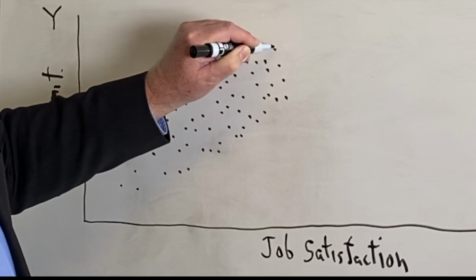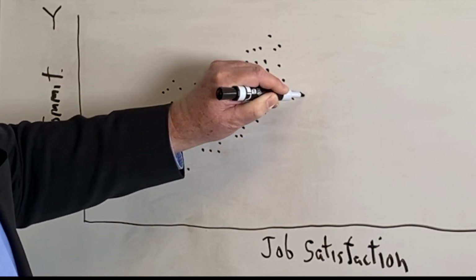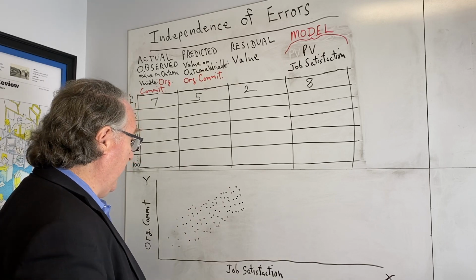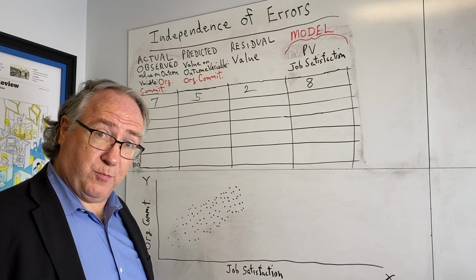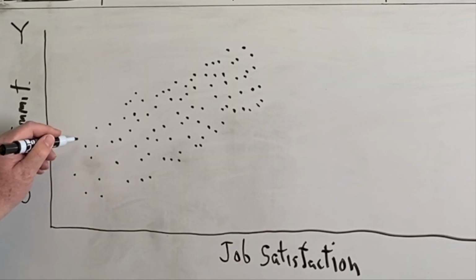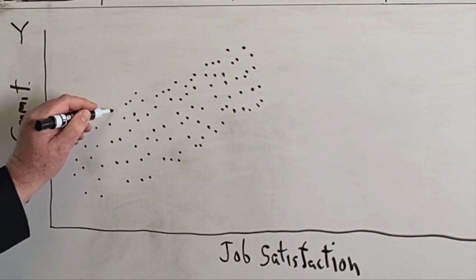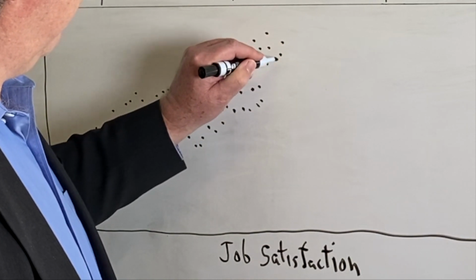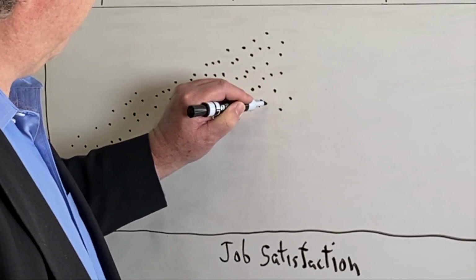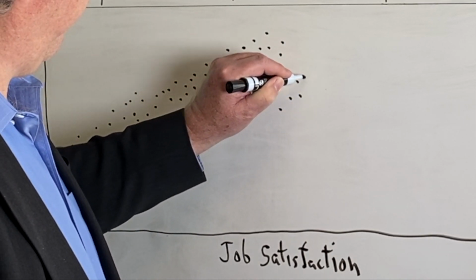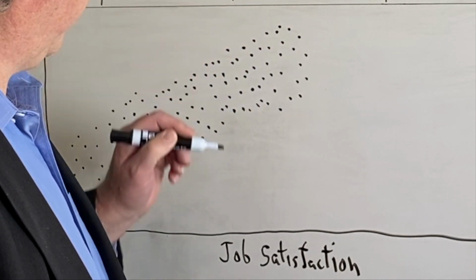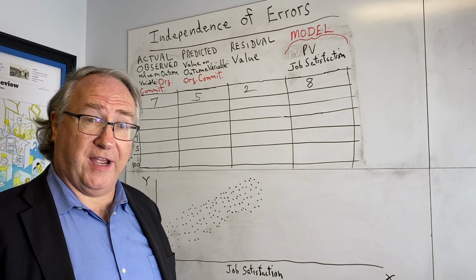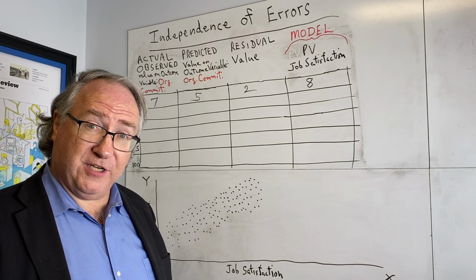Each one of these dots is an actual observed value on the outcome variable organizational commitment for a particular participant in our sample. We said we had 100 participants, so let's say we have 100 dots here. Each dot is an actual observed value for a participant in our sample.